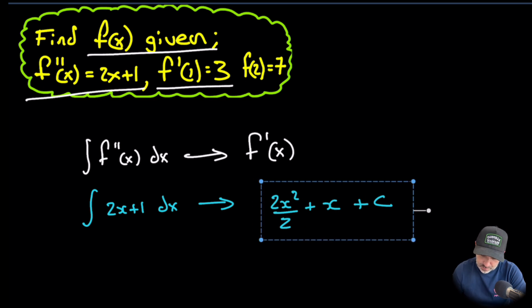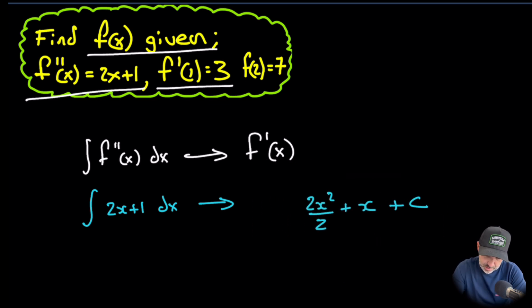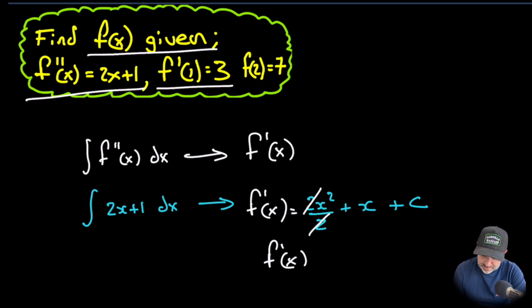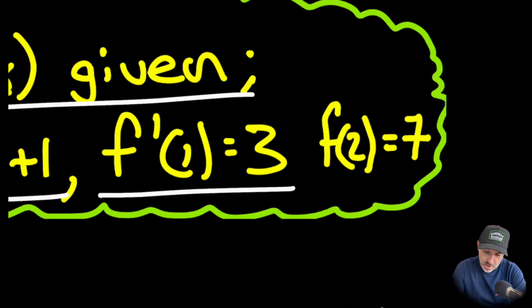So let's move that over to the side and put down f prime of x. Therefore, these 2's will cancel, just leaving us with f prime of x is equal to x squared plus x plus c.